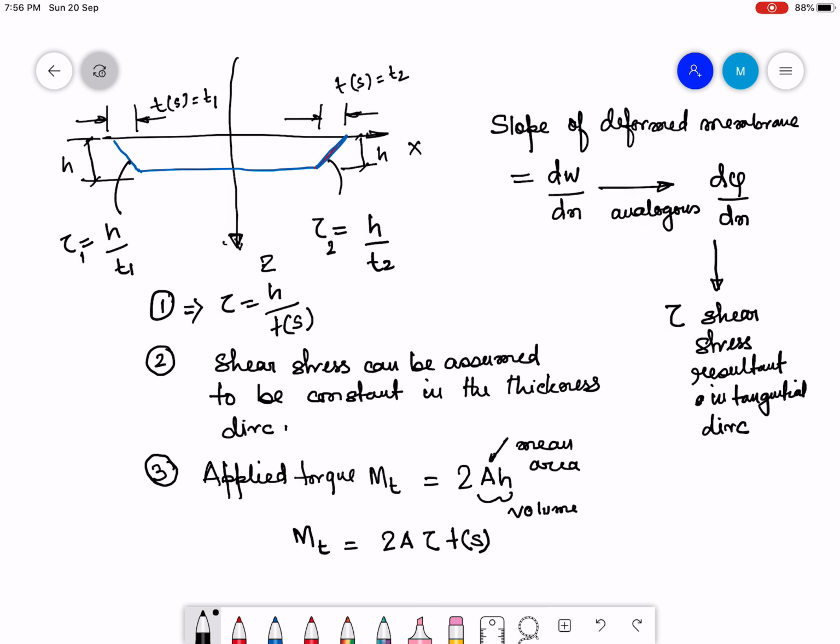Okay, and this can further be written as 2 into A into qs, where qs is called the shear flow.